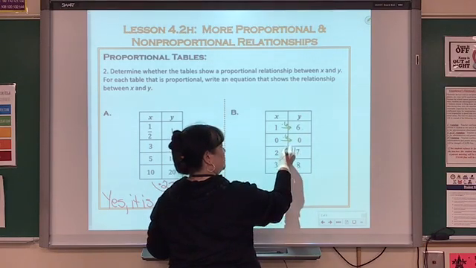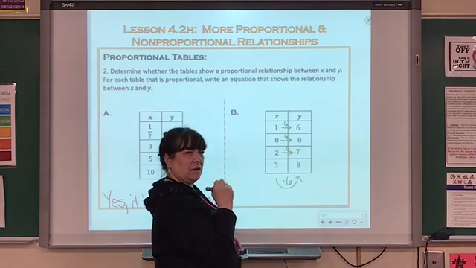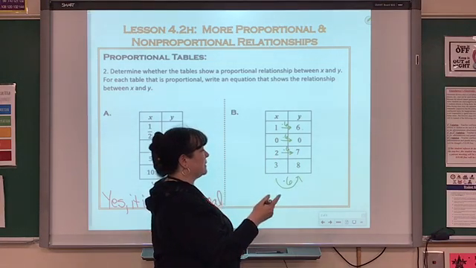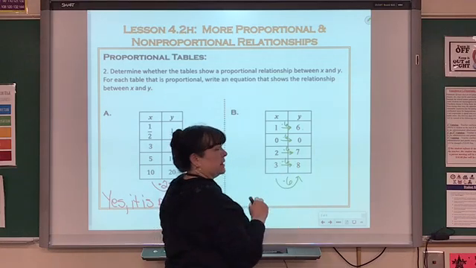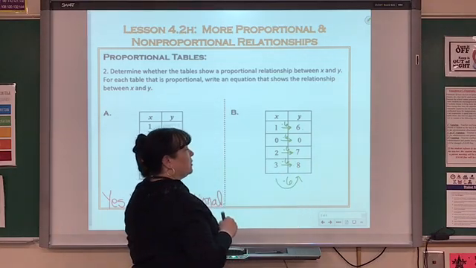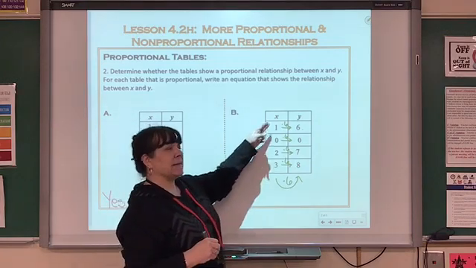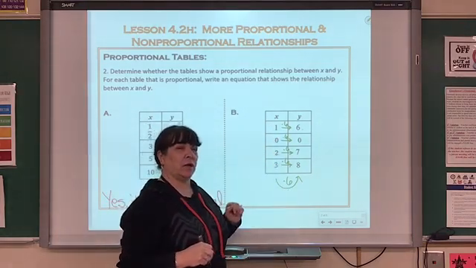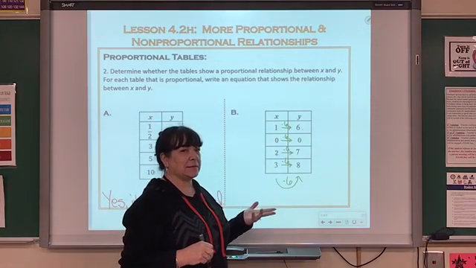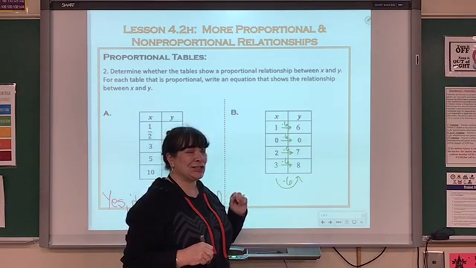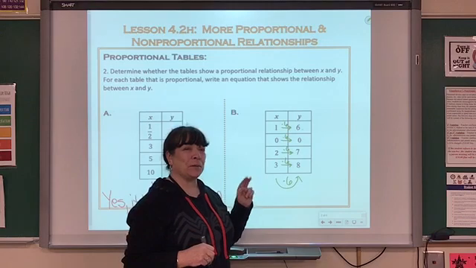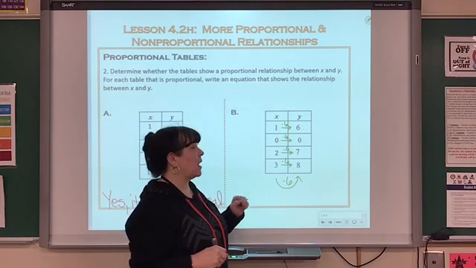Uh-oh. 2 times 6 is 7. Nope, that doesn't work. And 3 times 6 definitely doesn't work either. If we look at this, what it looks like is it's an addition of 1 each time. That's not going to work. Remember, it can't be an addition that isn't a repeated multiplication.